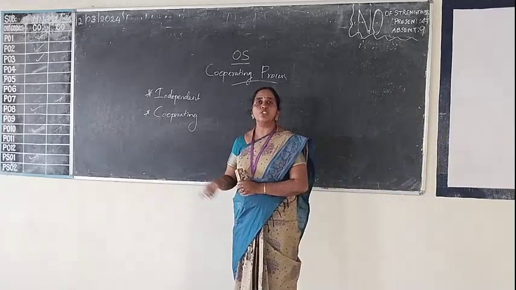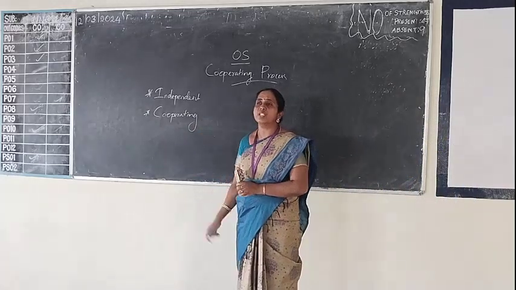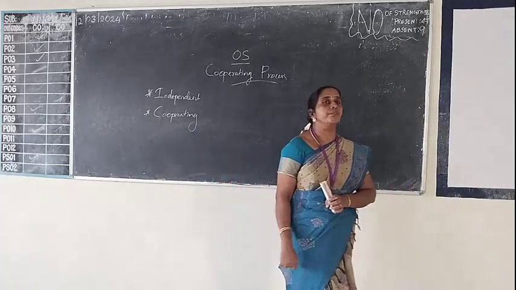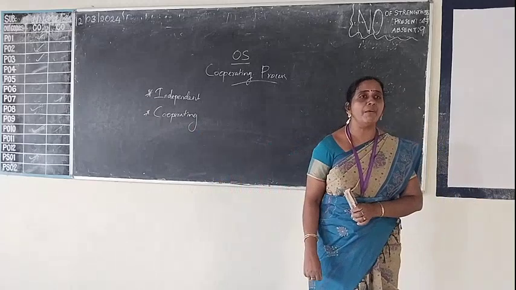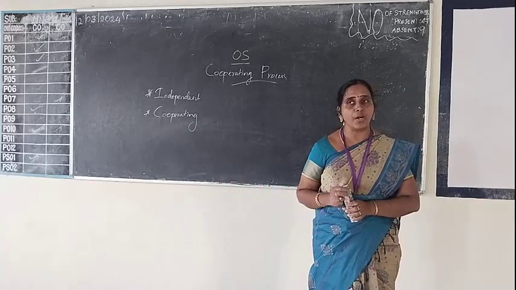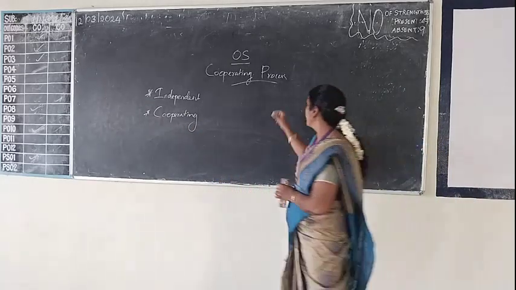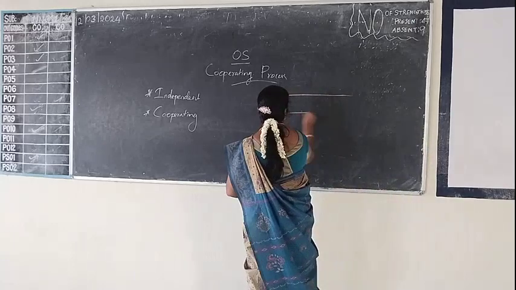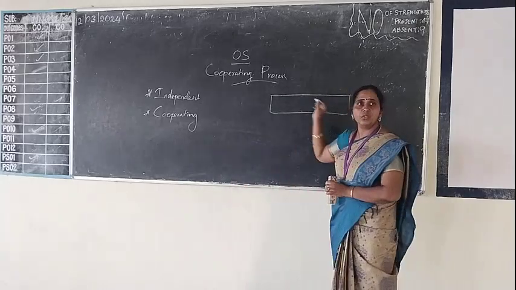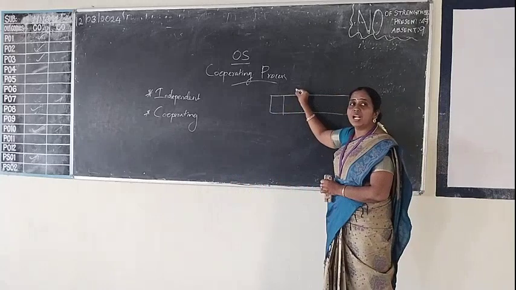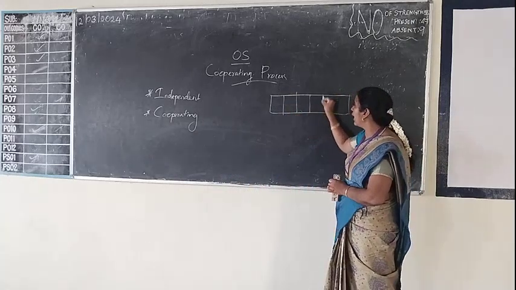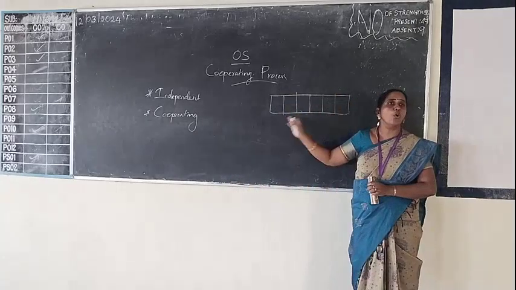Okay, to implement this producer-consumer problem, we are going to use one buffer to store the products that are produced by the producer. So this is one buffer. In this buffer, all the products that are produced by the producer can be stored.